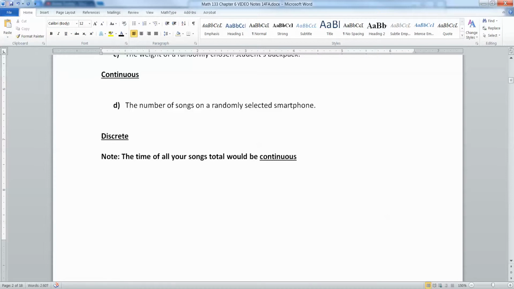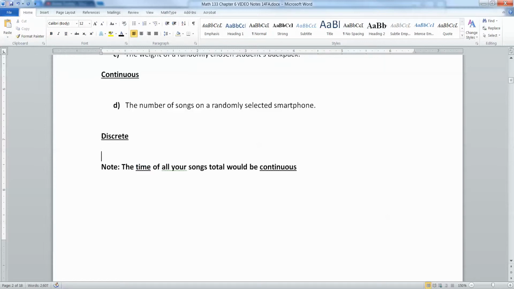If you look down at iTunes, sometimes it does this, where you can see, oh, I have 1,397 songs, that's discrete, and then it has a time frame of, it would take 3 days and 2 hours and 46 minutes and 36 seconds to play, etc. That's continuous. They're giving me those finer and finer measurements of time. Okay, time is continuous. The number of songs, discrete.